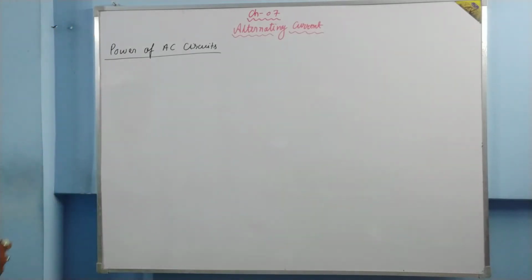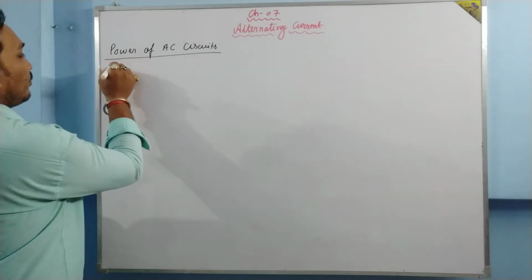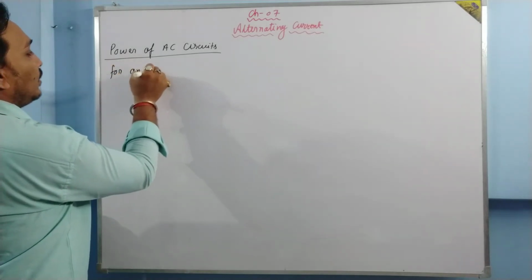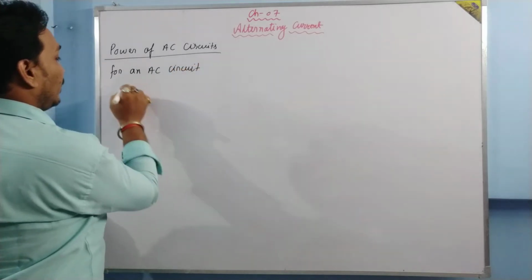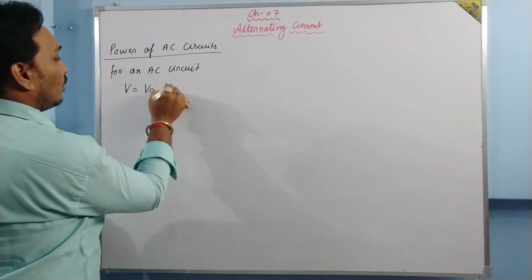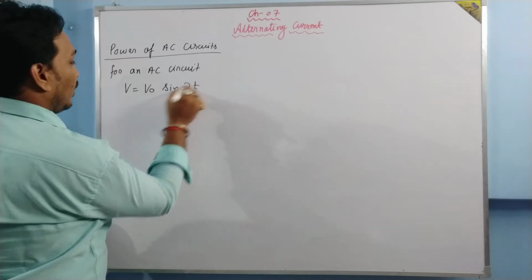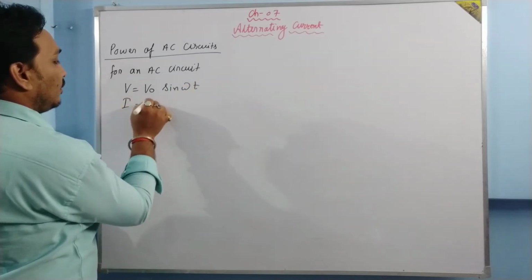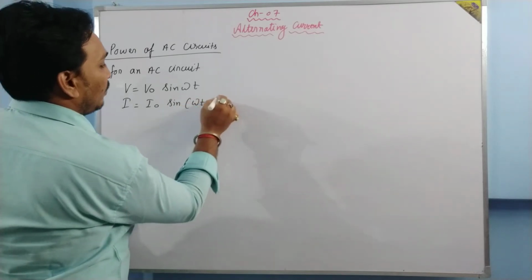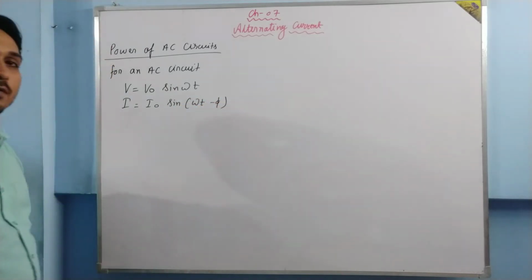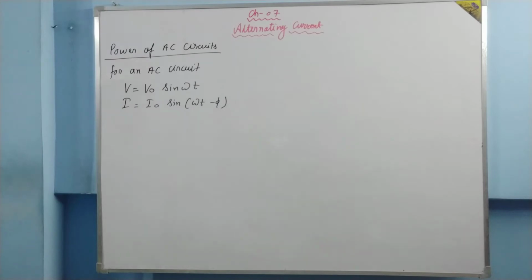For the instantaneous power, suppose for an AC circuit, V is equal to V naught sine omega t and I is equal to I naught sine omega t minus phi. Suppose there is a phase difference between voltage and the current. What is that phase difference? The phase difference is phi.